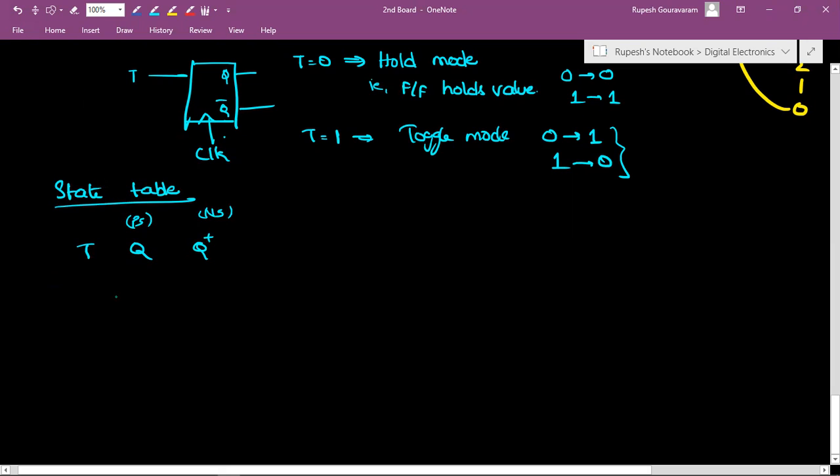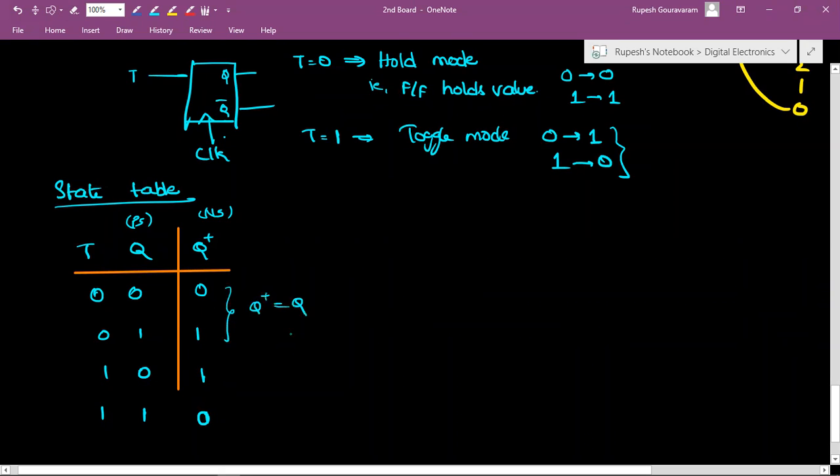So if I want the graph between them, the combination is 0, 0, 0, 1, 1, 0, and 1, 1. So the next state will be, if T is equal to 0, that means hold mode, that is same value remains. Here also same value. If T is 1, then the value will get toggled. So here Q plus is 0, 1, 1, 0. So that means here Q plus is same as Q. Here Q plus is Q dash. Okay.